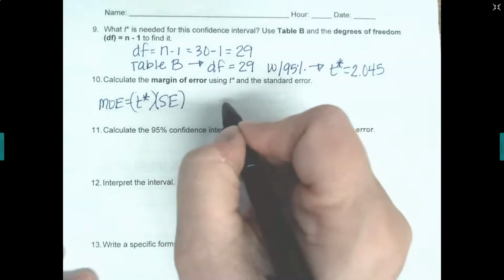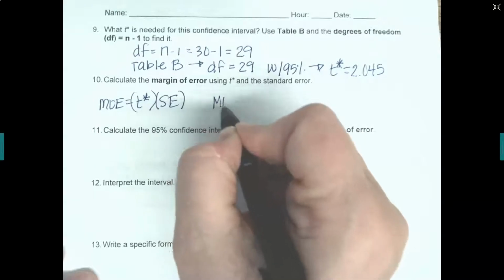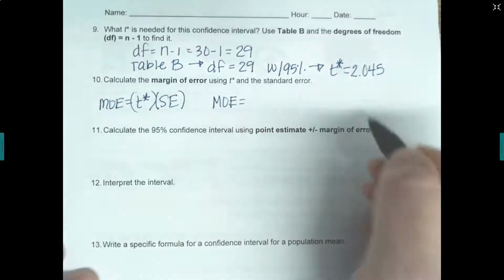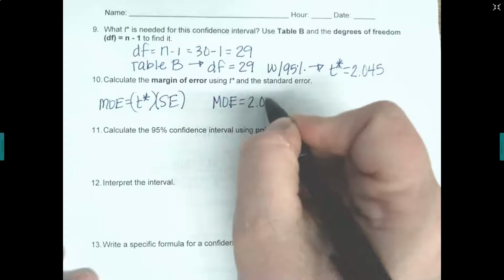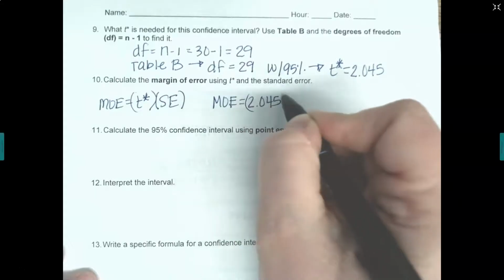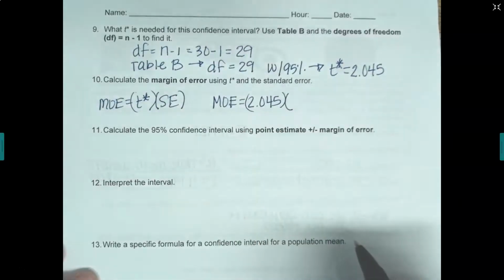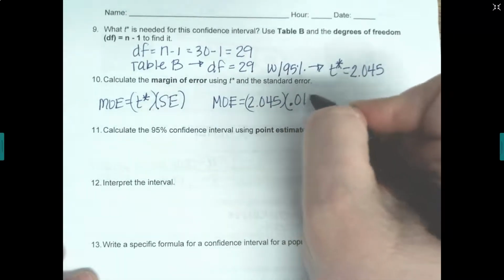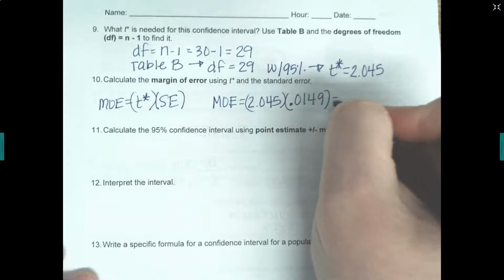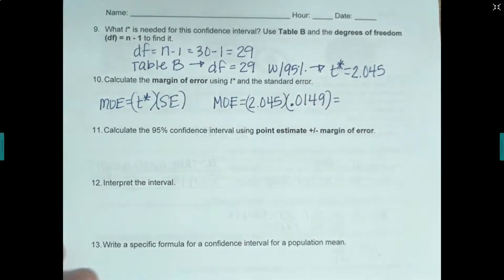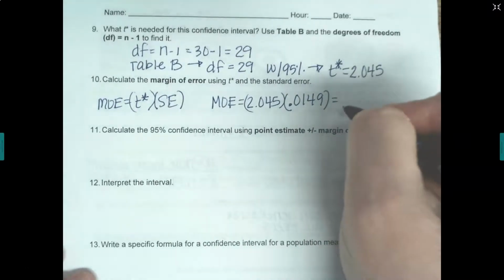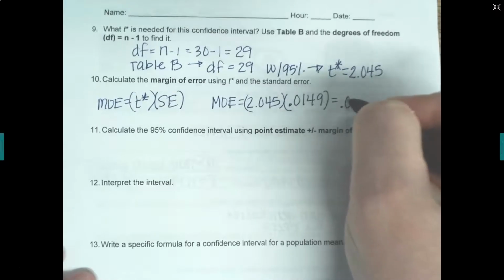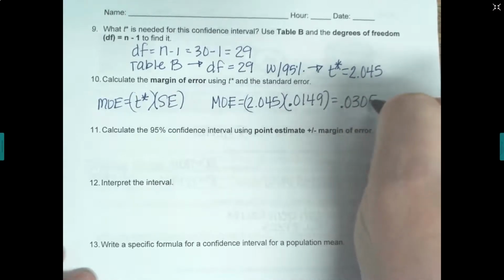So our margin of error is 2.045, which is our critical value, and then we had a standard error on the front of the paper of 0.0149. We multiply those together, and we're going to get a margin of error of 0.0305.